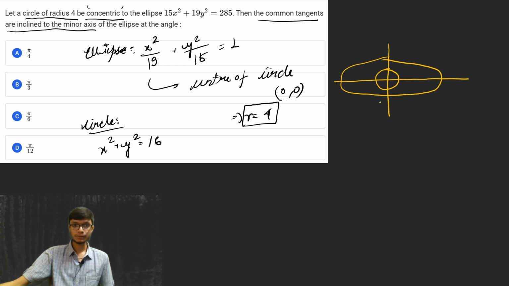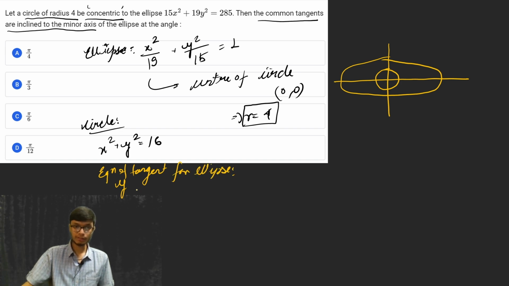Then the common tangents are inclined to the minor axis of the ellipse at an angle. Okay, let me write the equation of the tangent for the ellipse. For an ellipse the equation of tangent will be of the form y equal to mx plus or minus root under a square m square plus b square.